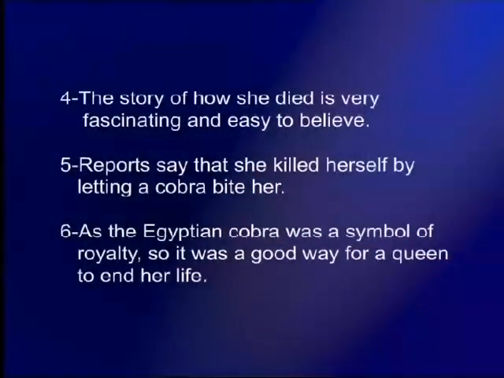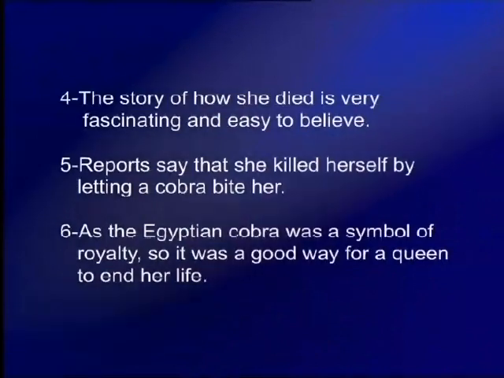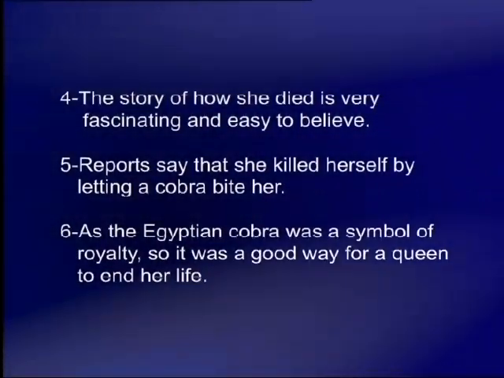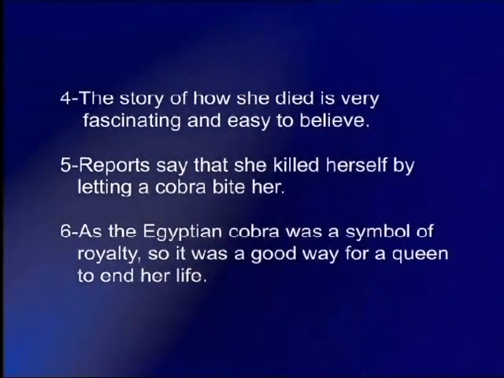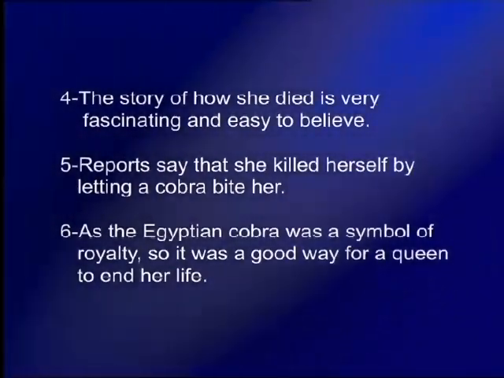Again, it's an opinion. How fascinating and easy to believe will differ from person to person. Sentence number 5. Reports say that she killed herself by letting a cobra bite her. It's a fact which can be checked. And historical facts do say that she died of snake bite.